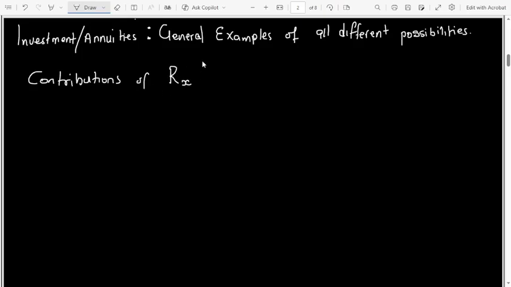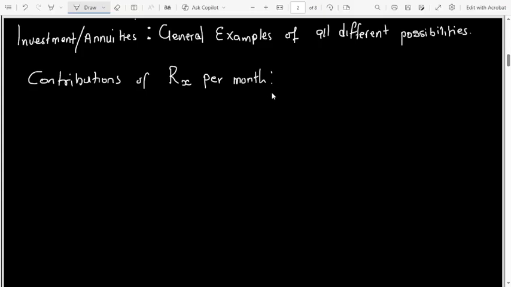So this is Rx per month. We're going to put the contribution of Rx per month. When we say Rx, it can be 5,000, it can be 1,000, but we're not going to change the money and say this month we deposit this, the next month something else. No, it's going to be a fixed amount, per month.